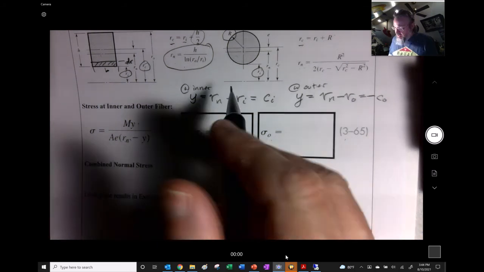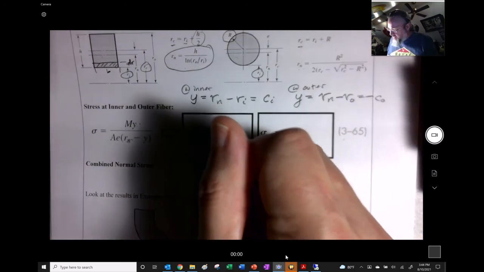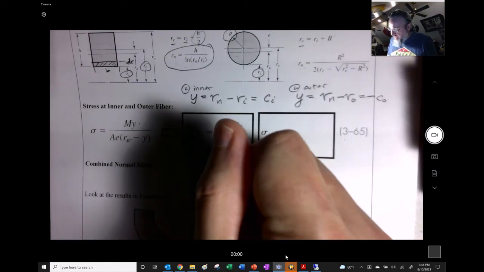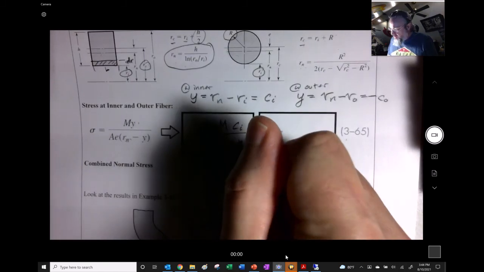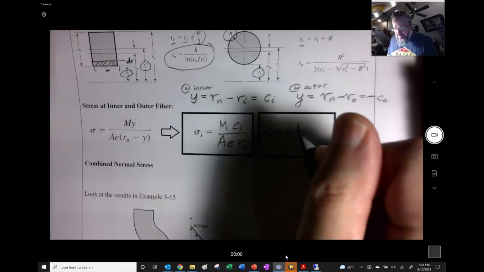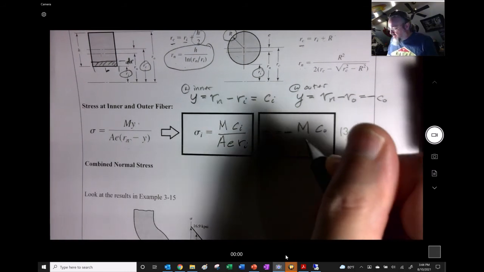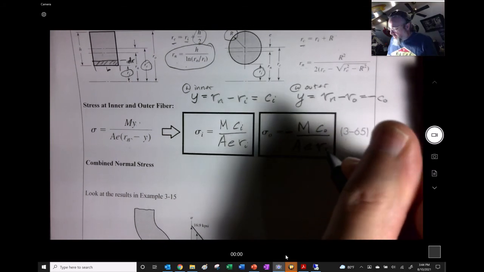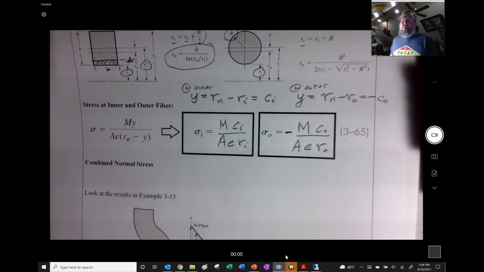That's going to help us. And what we end up finding is we get the moment times Ci divided by A e Ri. And over here we get minus the moment Co divided by A e Ro. And so those are the main equations that we're going to use.